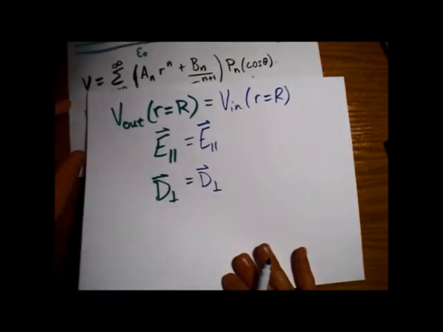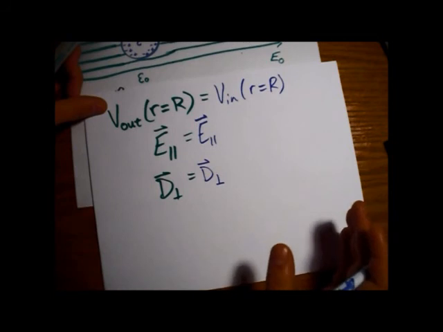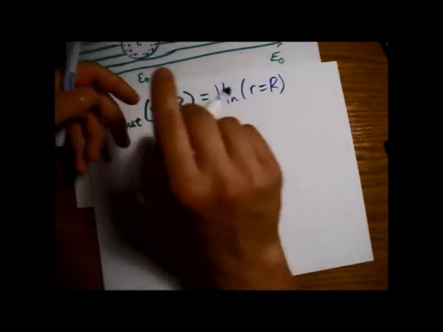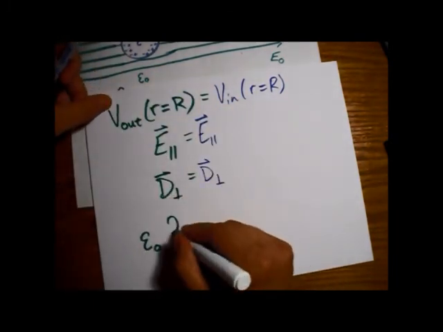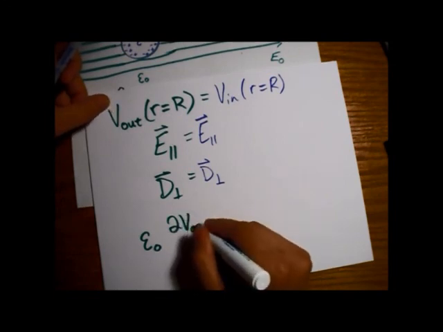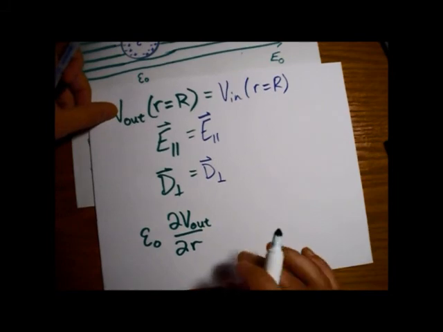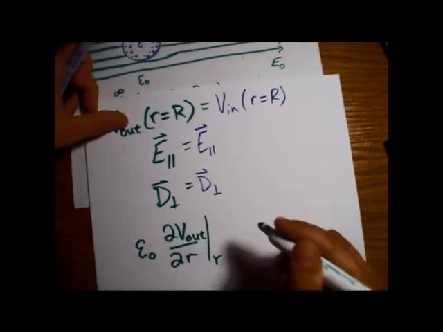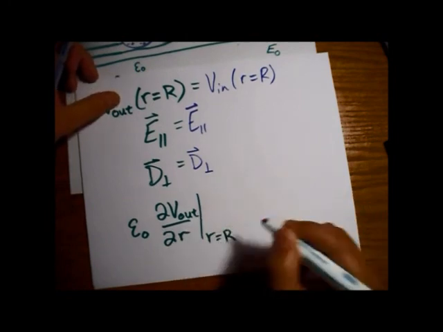Okay, and basically what that means is, once you deal with the minus sign and everything, on the outside you'll have something like this, and this is just the radial component, because we're taking the perpendicular component to the surface of the sphere, which is just the radial.